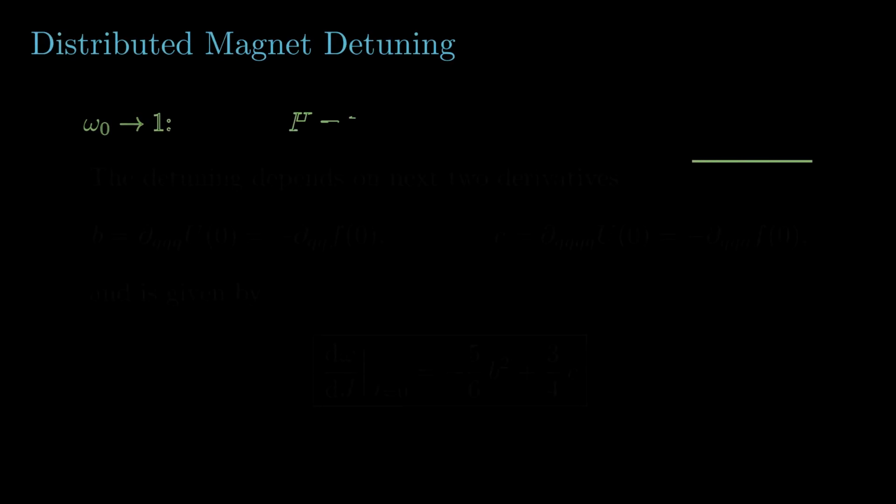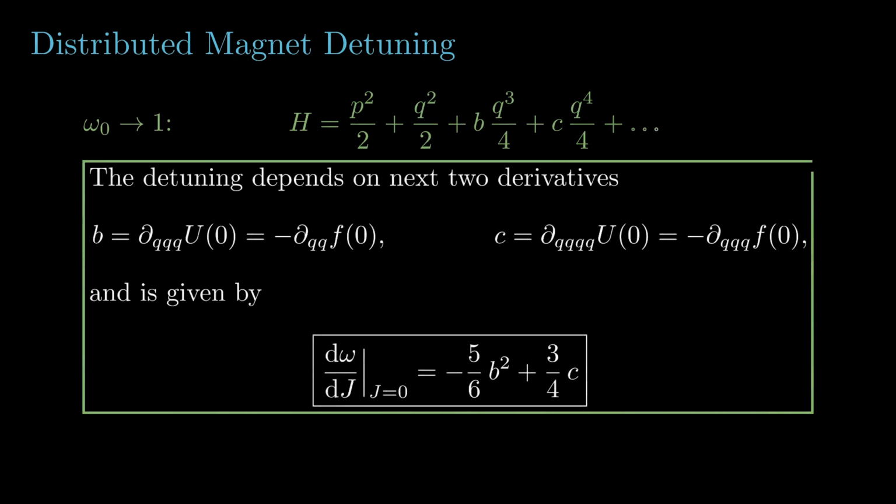Further, by an appropriate choice of time units, we can always set the bare frequency omega 0 to 1. This leaves us with only two parameters, B and C. Note, however, that this simplification is not possible for mappings, since the linear Betatron tune carries important information about the rate at which our thin perturbation is applied.